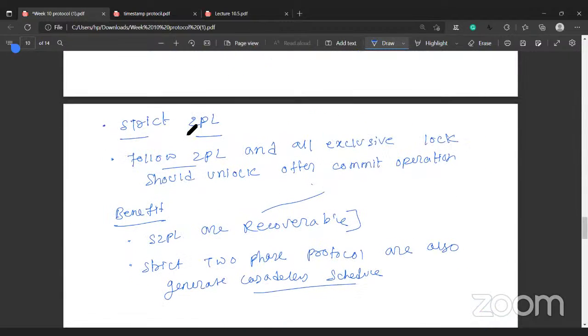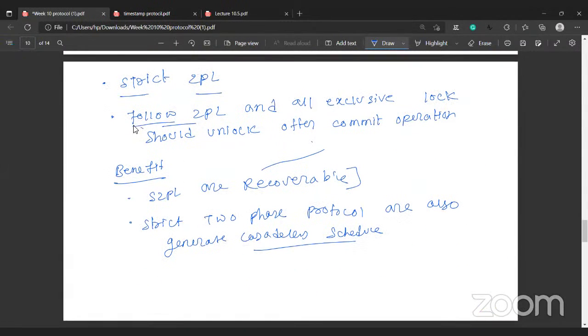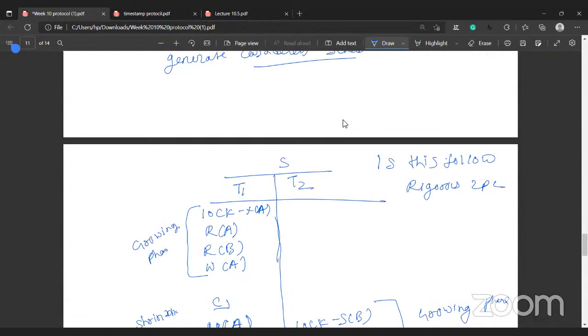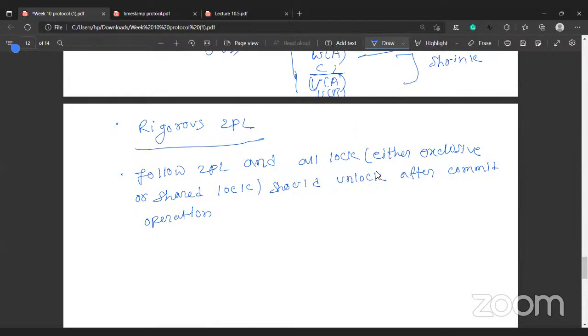In strict 2PL, all exclusive locks should be unlocked after the commit operation; it does not talk about shared locks. In rigorous 2PL, all locks, either exclusive or shared, should be unlocked after the commit operation. So rigorous 2PL is strict 2PL, but vice versa is not.